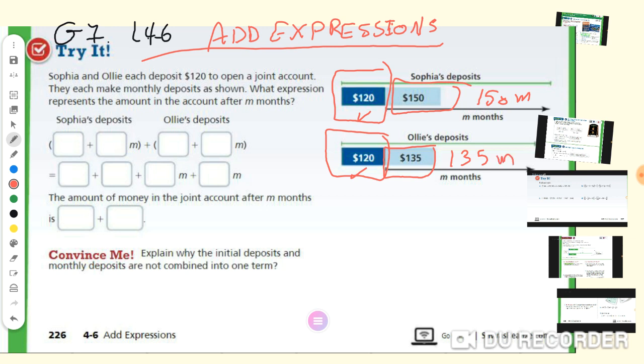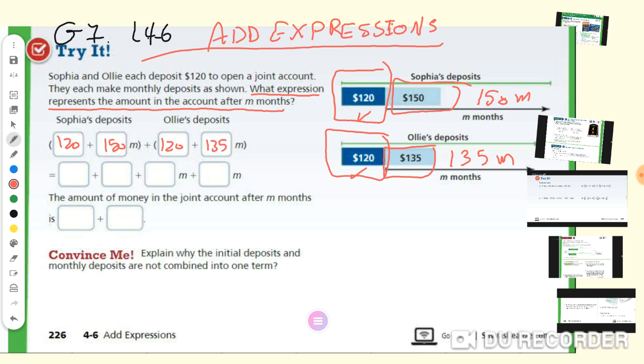So how do we add? What expression represents the amount in the account after m months for both of them? First, we calculate Sophia's deposit, which is 120 plus 150m, and Ali's deposit, which is 120 plus 135m.